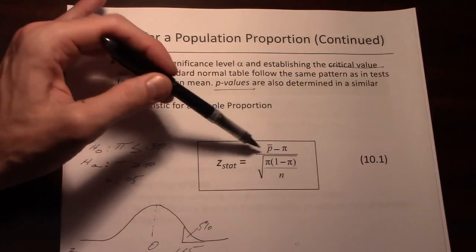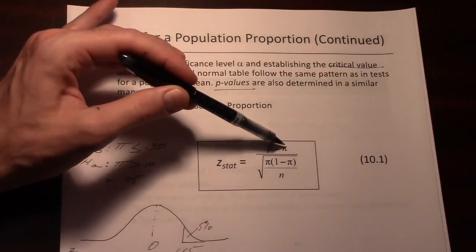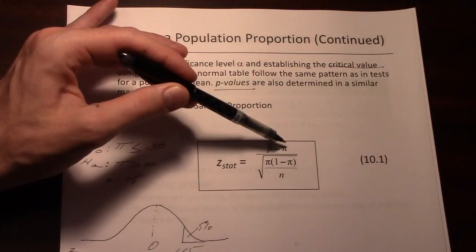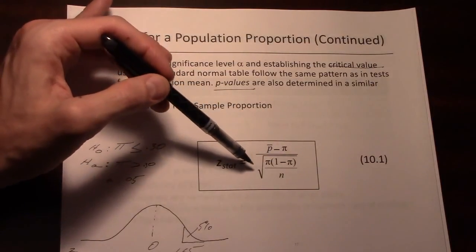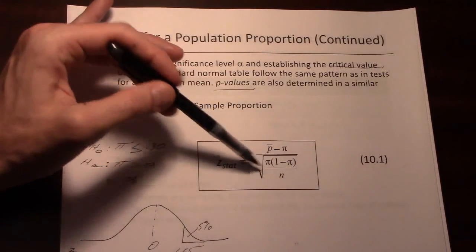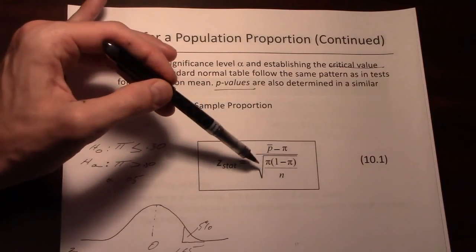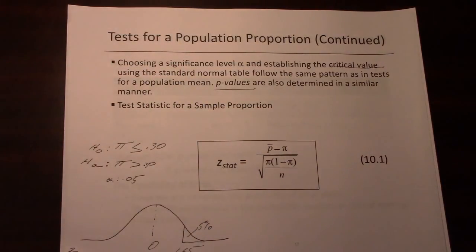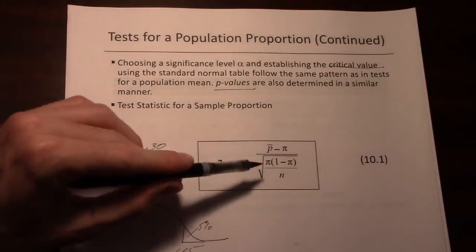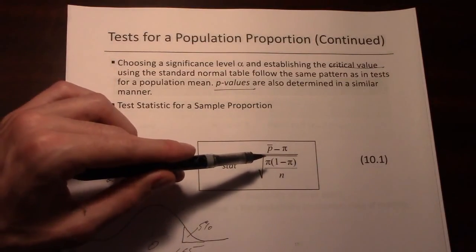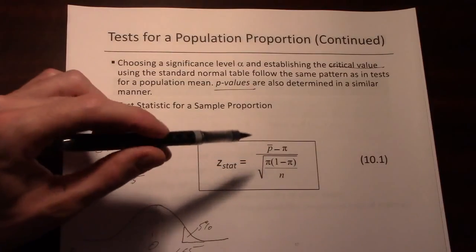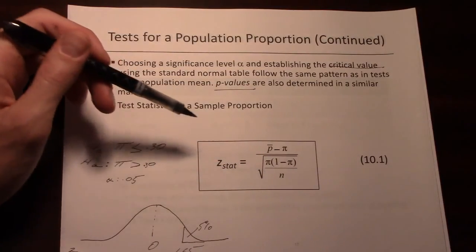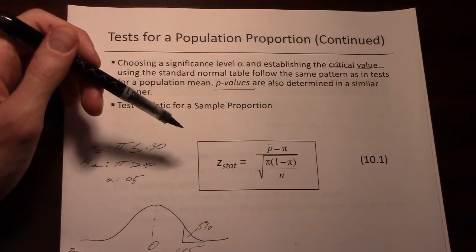How much of a difference did we find in our sample versus what you say under the null hypothesis? We'll calculate how many standard deviations above and below the assumed mean that would be. So this is the standard deviation. If you just look on the previous slide, this is the standard deviation of the sampling distribution of sample proportions. And that calculation gives us our z statistic.